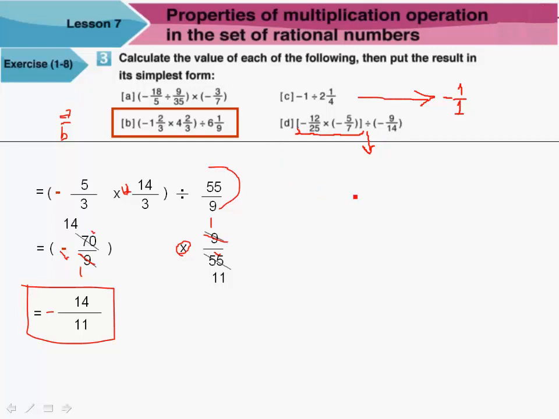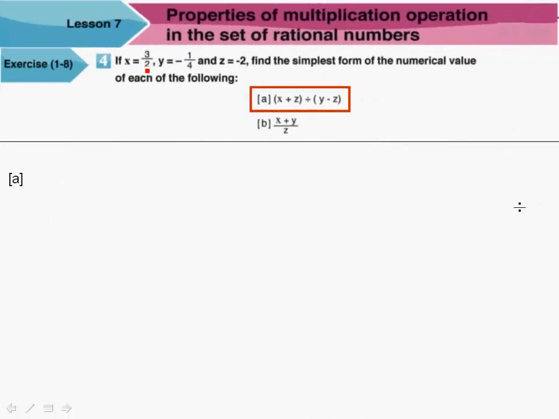You can solve it by yourself. It is very easy. If x is equal to 3 over 2, y is equal to minus 1 quarter, and z is equal to minus 2, find the simplest form of the numerical value of each of the following. For number A, we have x plus z divided by y minus z. We replace each variable with its value.